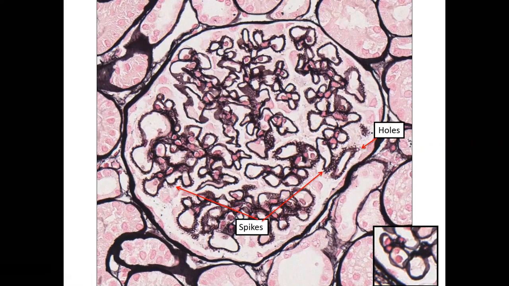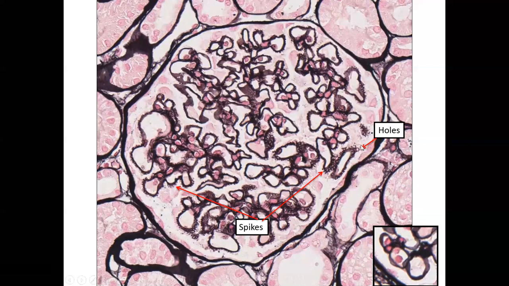And so in this particular instance, because it's on the subepithelial side of the capillary loop, this is podocyte production of GBM material. And so really the endothelial surface, the subendothelial surface, is quite smooth. So the endothelial cells are probably happy and healthy. They're probably not upset at all.